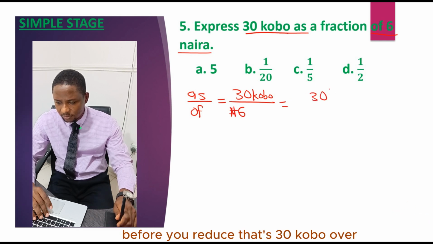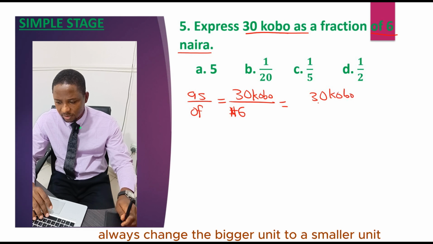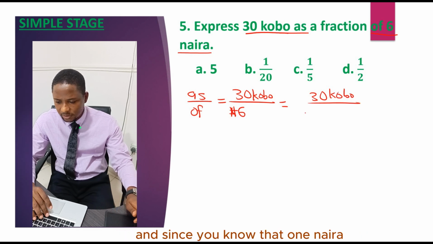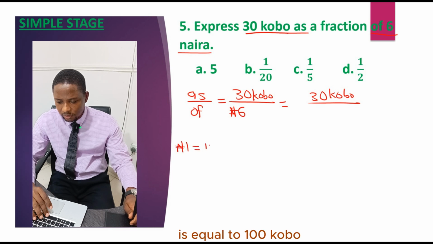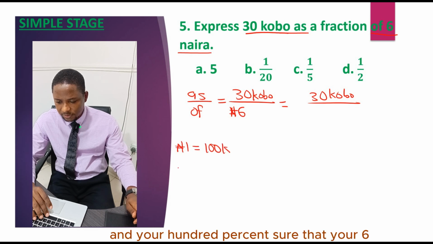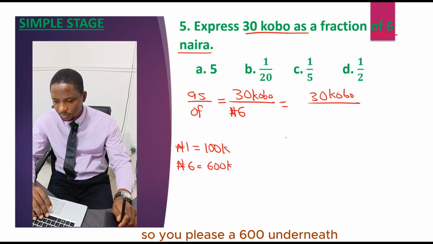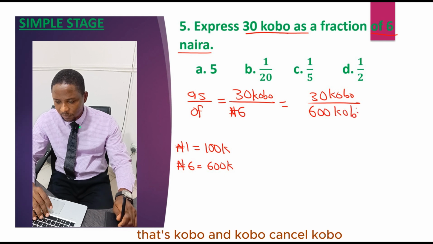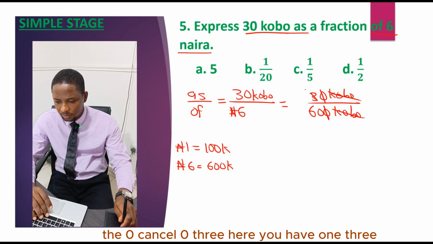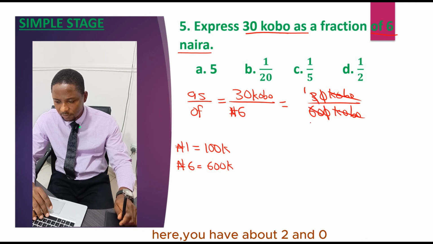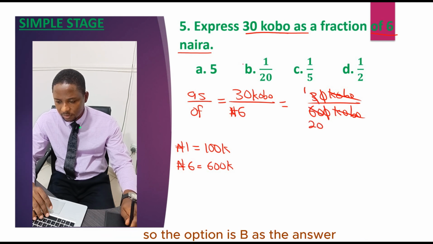The advice is always change the bigger unit to a smaller unit. Since you know that 1 naira is equal to 100 kobo, then you are 100% sure that your 6 naira will give you 600 kobo. So you place the 600 underneath, that's kobo. Then kobo cancels kobo, the 0 cancels 0. 3 here, you have 1, 3 here, you have 2 and 0. So the option is B as the answer.